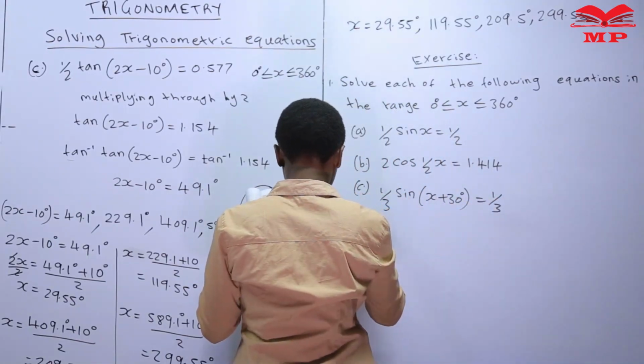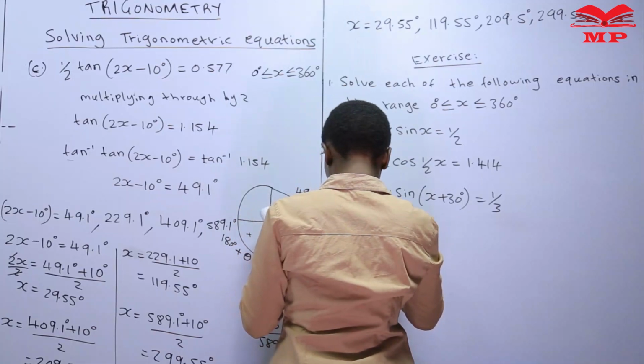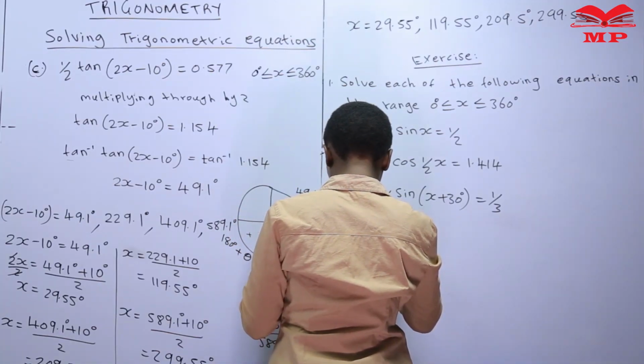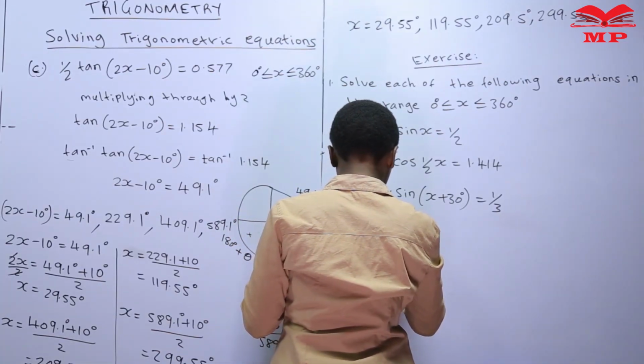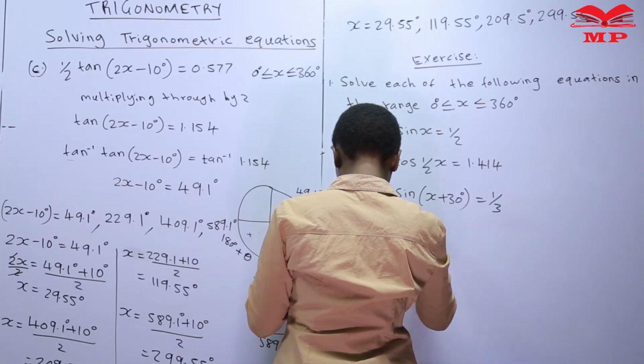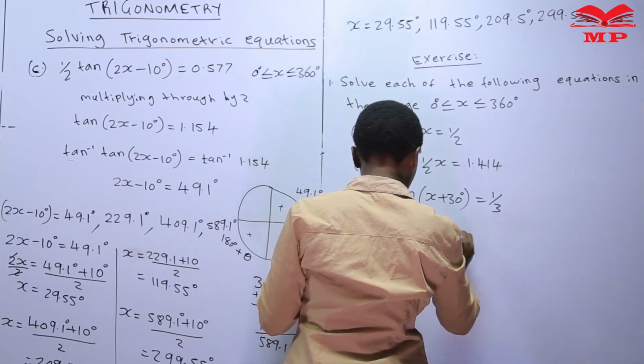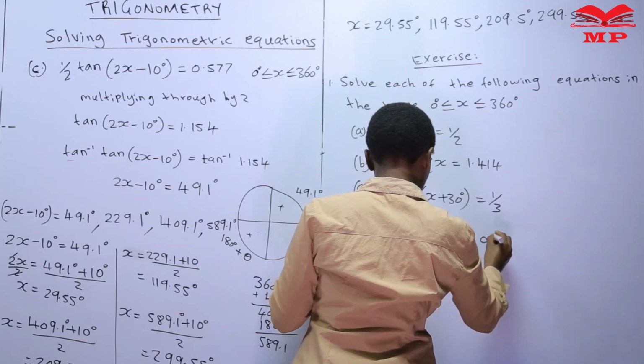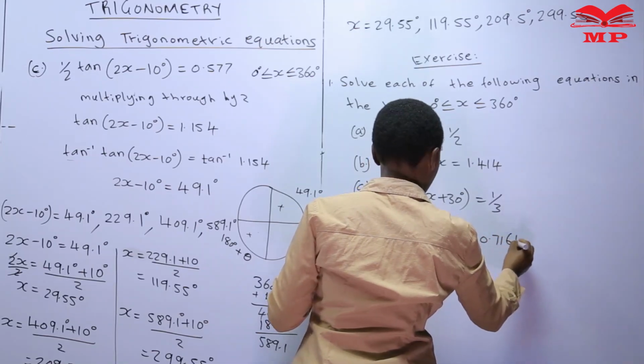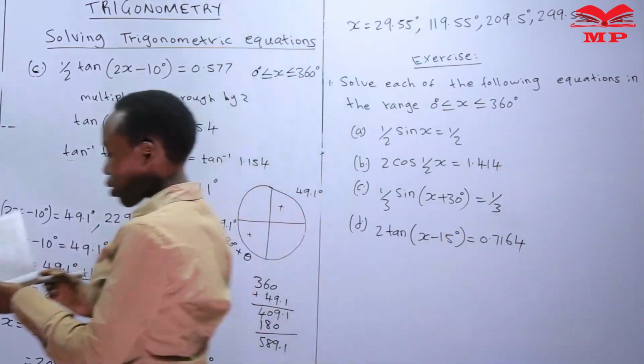And finally, number D, we have 2 tan into bracket x minus 15 degrees is equal to 0.7164. So ensure that you solve that.